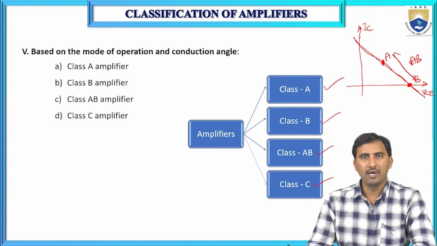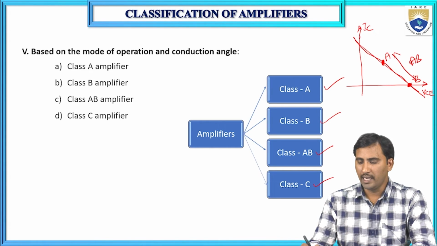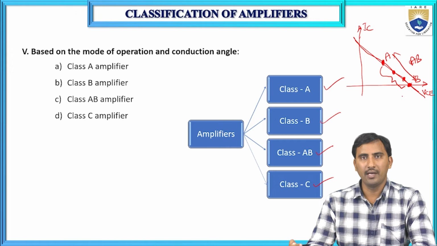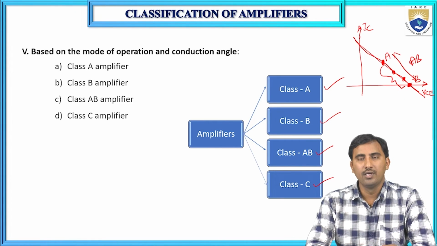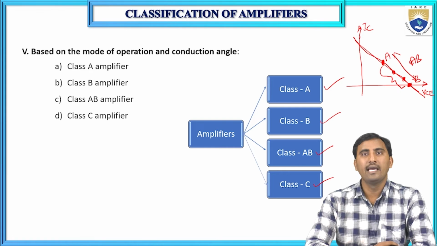So that means for class AB power amplifier, the operating point could be anywhere from this area to this. It could be here or it could be here, but it should be from the x-axis to the center. And coming to the class C power amplifier, the operating point is located below the x-axis.